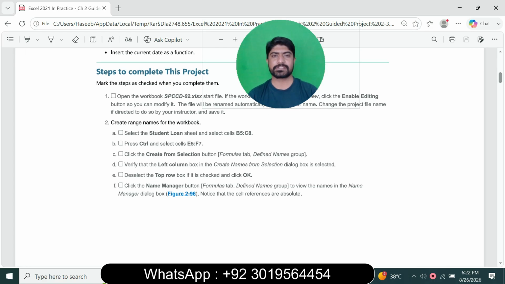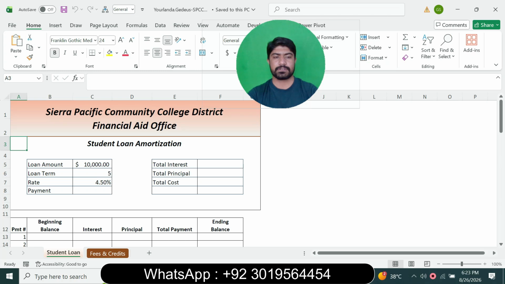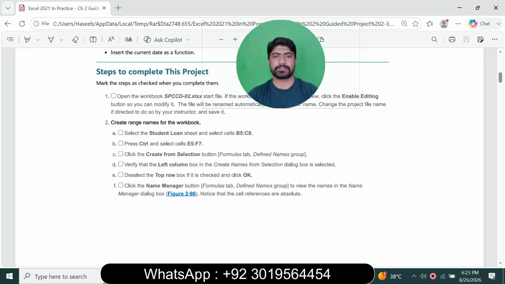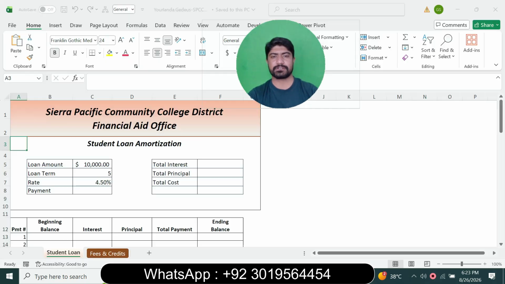Question number 2 is: select the student loan worksheet and select the cells B5 to C8.